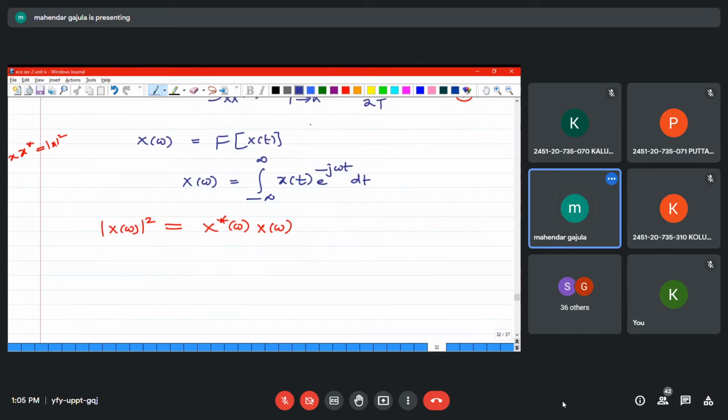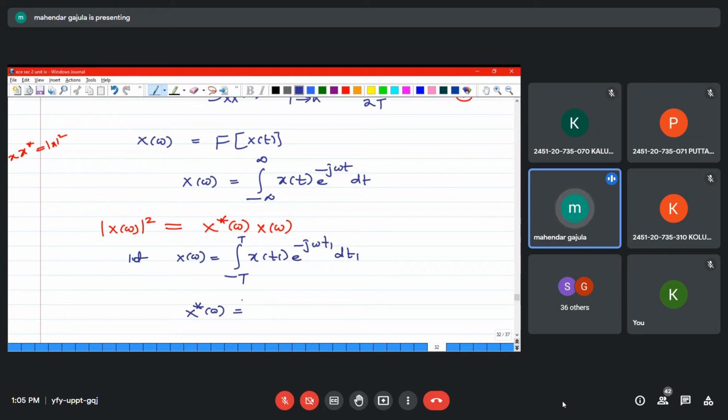So let's take X omega as integration from minus T to T, xt1 e power minus j omega t1 dt1. What is X star omega?